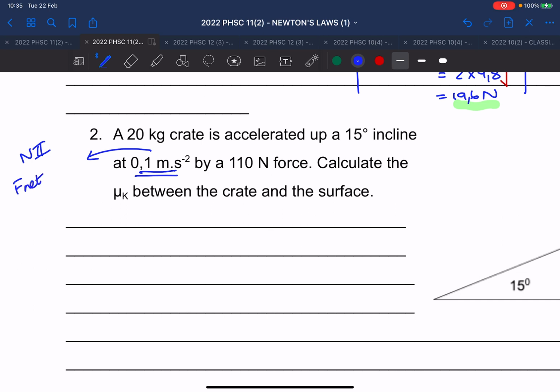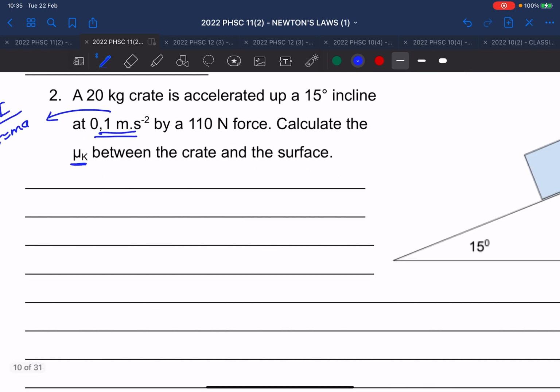Newton's second law. Then they speak about you must calculate the coefficient of friction. In my head, I think, okay, where do I find the coefficient of friction? There's only one formula. So Fk is μk times Fn.